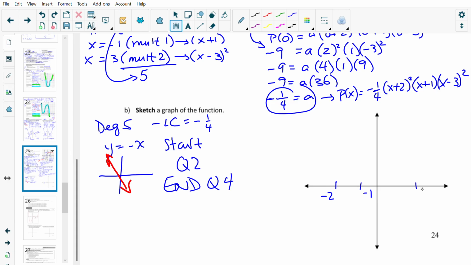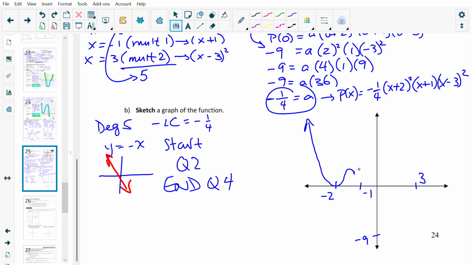Okay, so let's sketch this. -2, -1. I have 3, and then I have a y-intercept of -9. So it's going to start in quadrant 2. And at negative 2, the multiplicity is even, so it's going to do this bounce thing. Oh, let me make a smooth curve. Sorry about that.